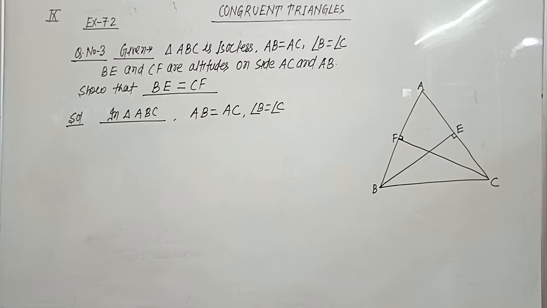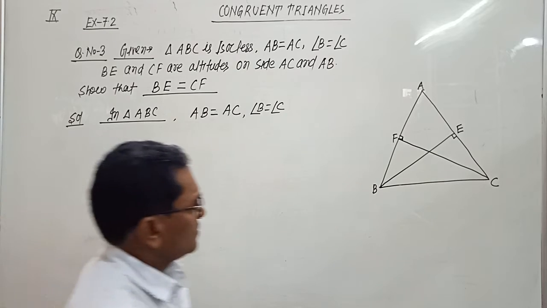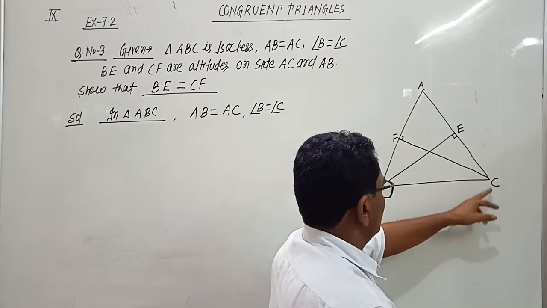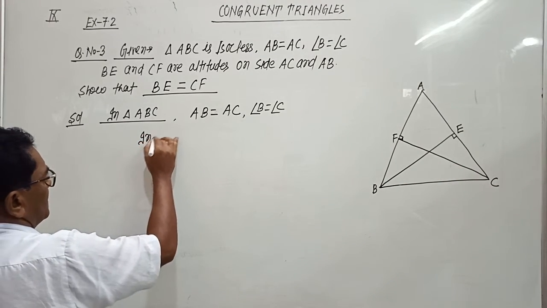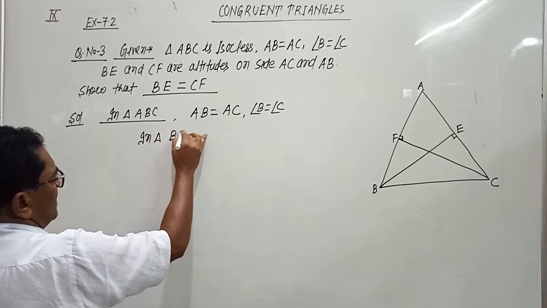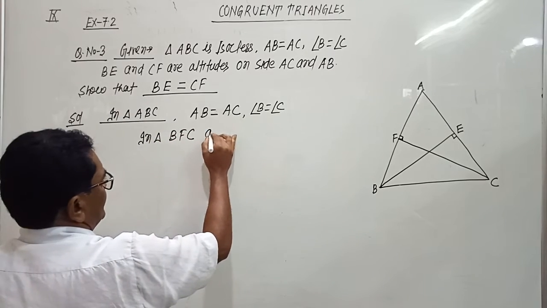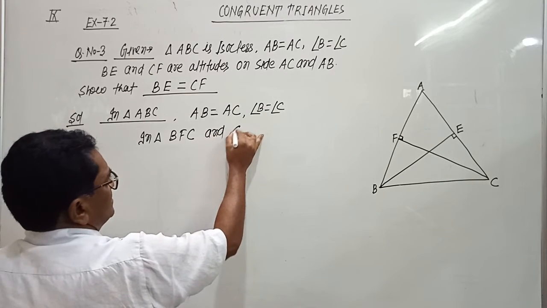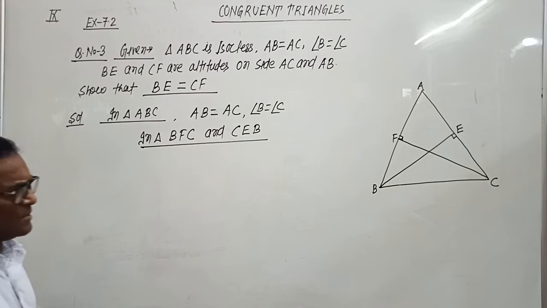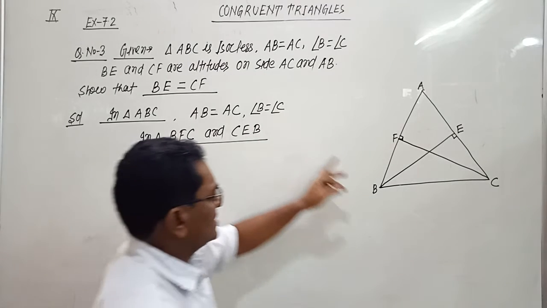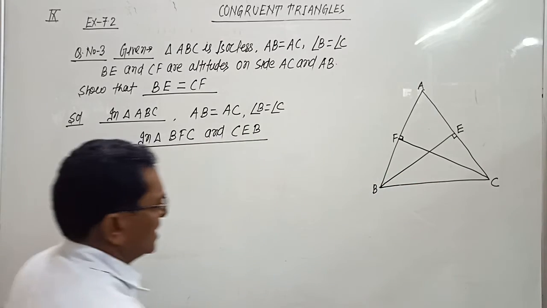Now from triangle BFC and CEB, in triangle BFC and triangle CEB, angle B equals angle C, because ABC is an isosceles triangle.